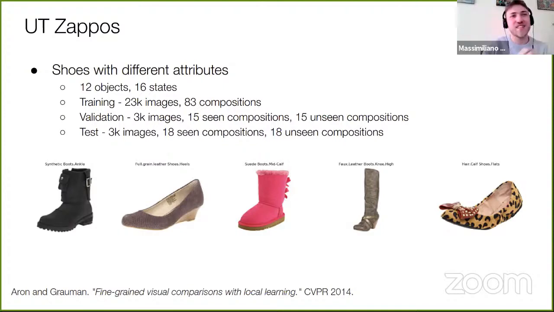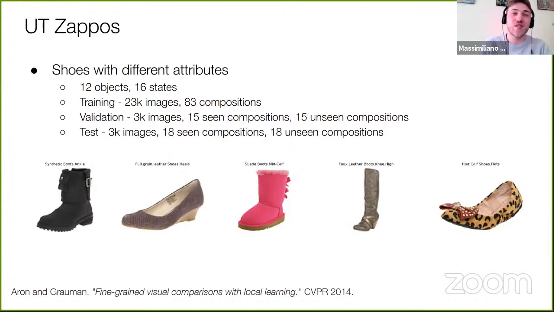This dataset was built for other purposes, like fine-grained recognition, and also sketch-based image retrieval. In the context of compositional zero-shot learning, it's a bit unclear if all these compositions are something that we can model with our methods, because some of them are related to the material. And I'm not an expert on shoes, so for me, sometimes it's hard to look at an image and recognize the material of a shoe without actually touching it.